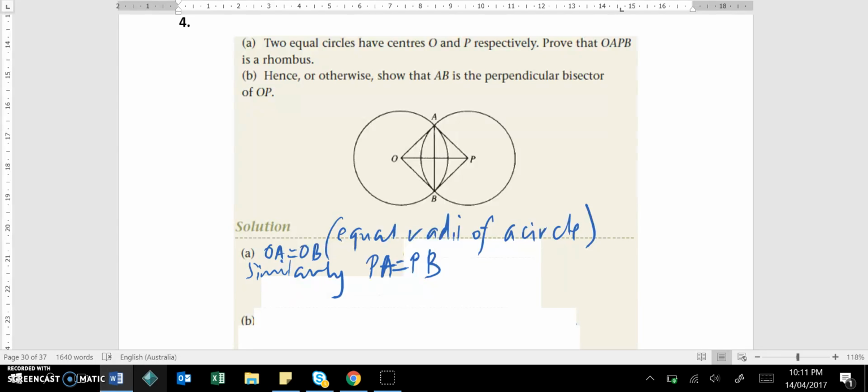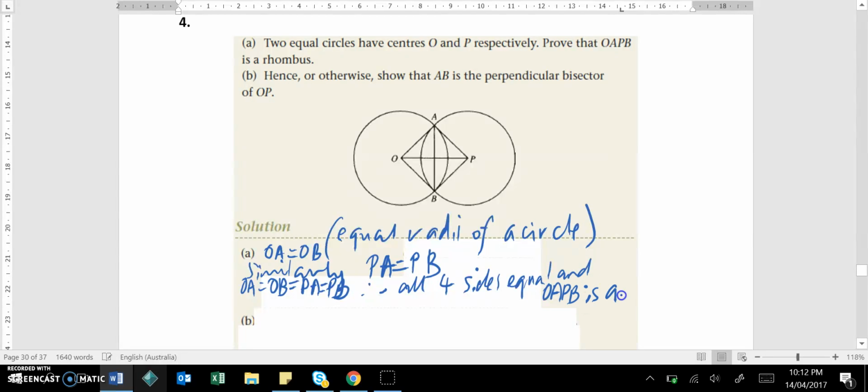Therefore OA equals OB, which equals PA, which equals PB, because of the equal radii of a circle, and therefore all four sides are equal, and OAPB is a rhombus. Cool, so that's part A done.